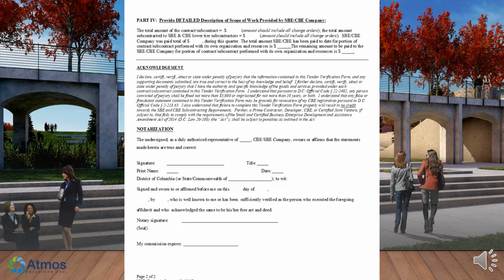The next line is how much the SBE or CBE company was paid during the quarter. Following that is the total amount the SBE CBE has been paid to date. And the last line is the remaining amount to be paid out to the SBE CBE. Also on this page, below Part 4, you will need to sign and notarize the vendor verification form.